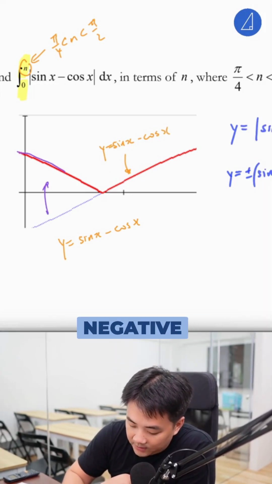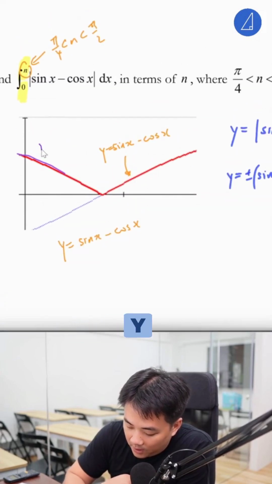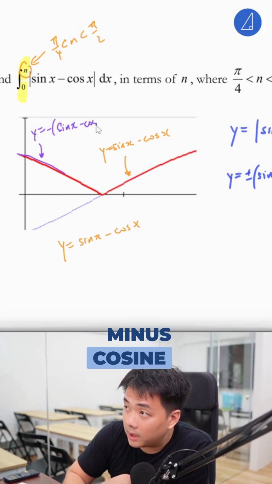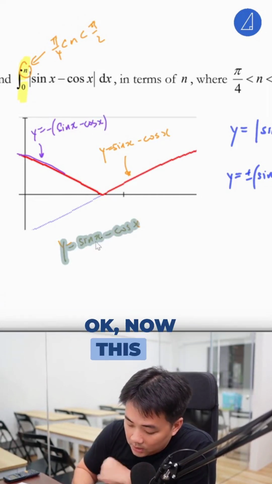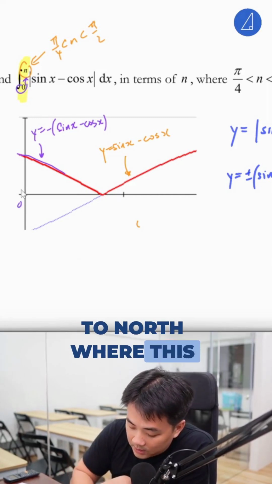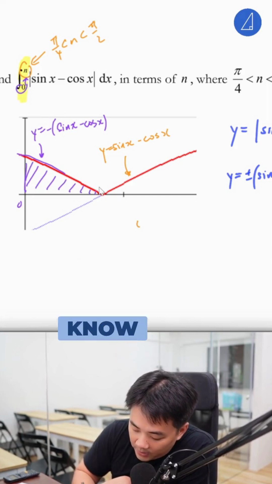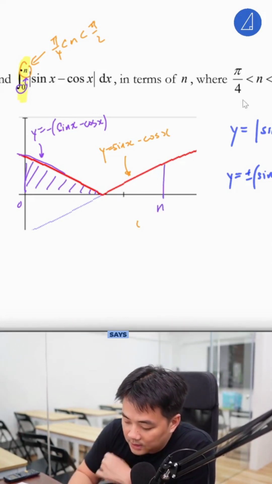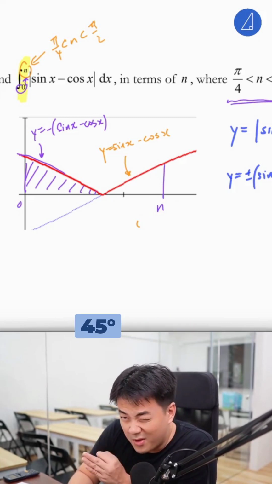So this will be the negative side. This one will be y equals minus sine x minus cosine x. Now this is important because we are looking at the integral from 0 to n. Here is 0, and we know that n is over here, because it says that n is between 45 degrees and 90 degrees.